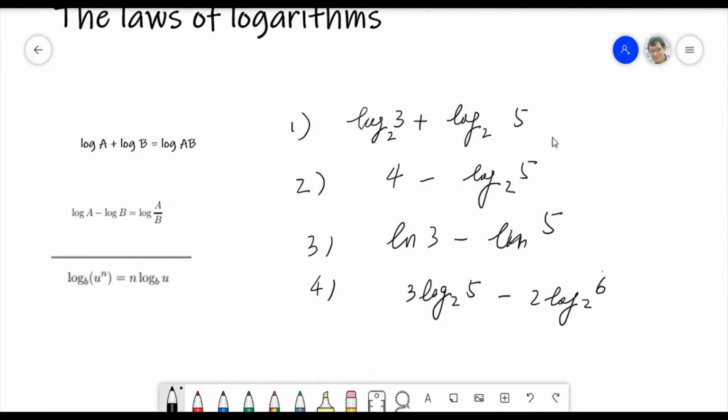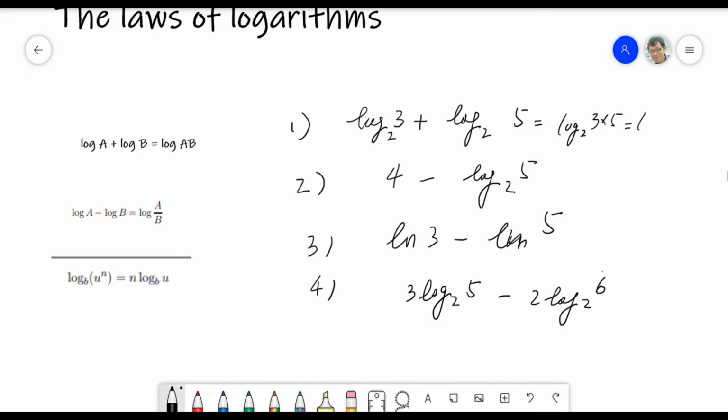So first, observe here we have the same base 2, right? They ask for the summation of two logarithms. So we can base this on the first law, right? If we call it the first law, okay? So this can be log base 2 of 3 times 5.